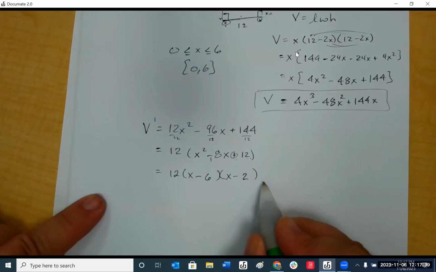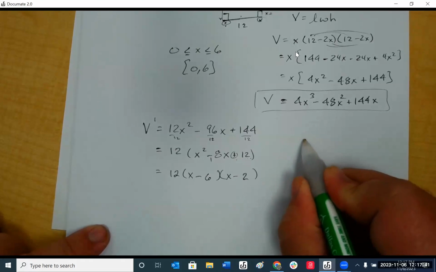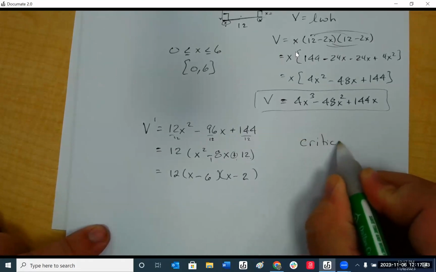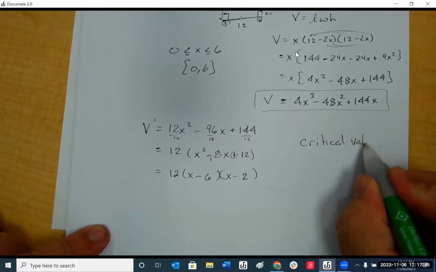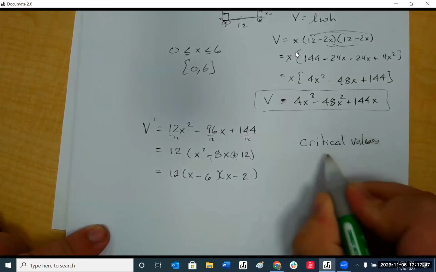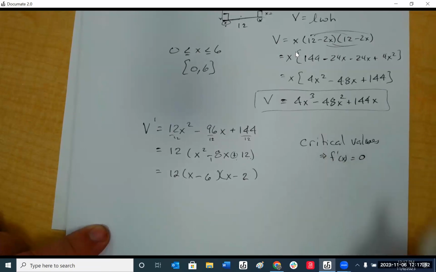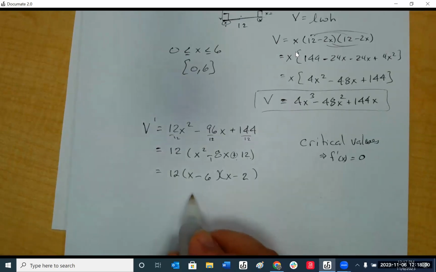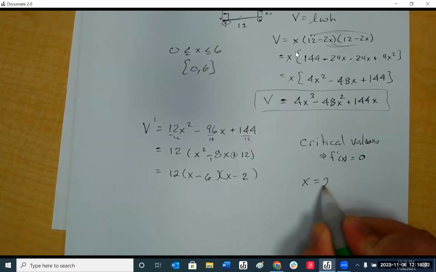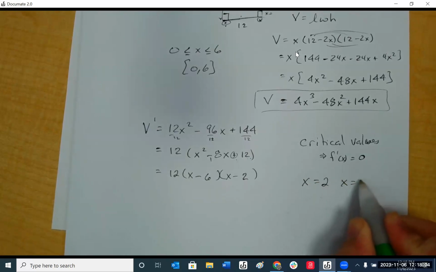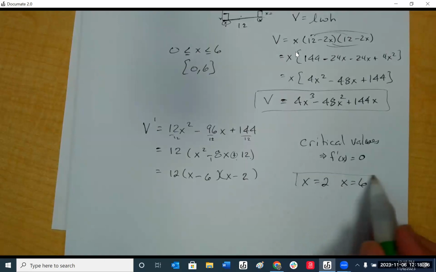Now when we find the first derivative, the critical values are when the first derivative is set equal to 0. So here we have x equals 2 and x equals 6. Those are our critical values.